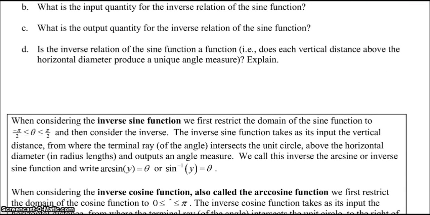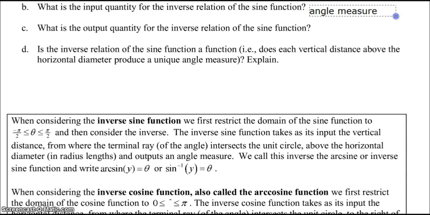What is the input quantity for the inverse relation of the sine function? Angle measure. What is the... Oh, wait a second. I guess that's wrong. It said the inverse relation. Oh.